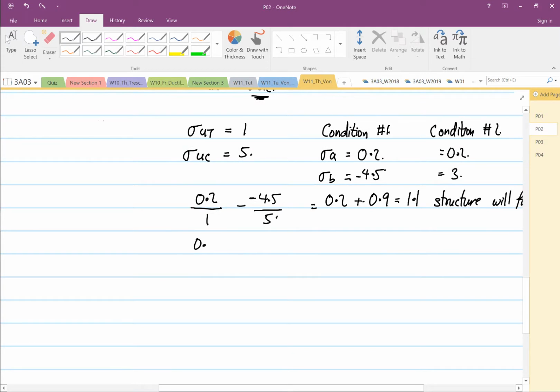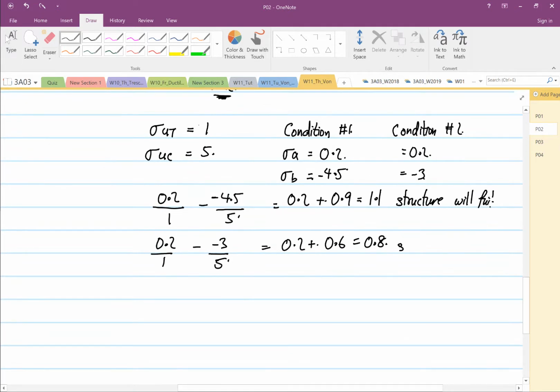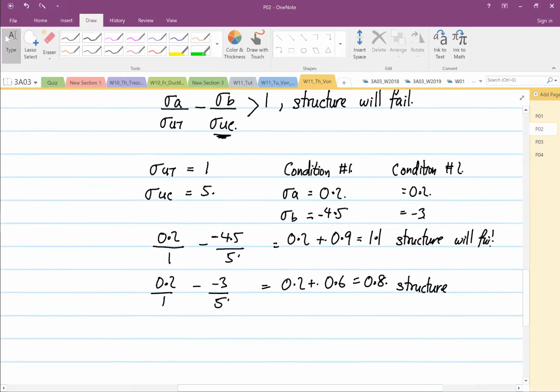So 0.2 plus 3 divided by 5, which is 0.6. So 0.2 plus 0.6 is equal to 0.8. So now we know that our structure will not fail.